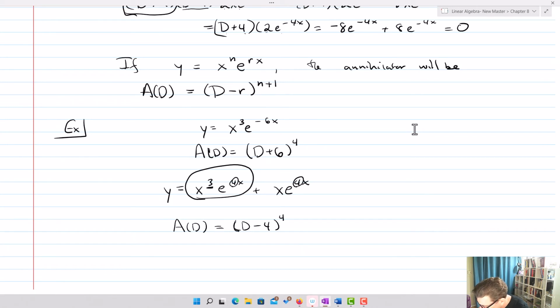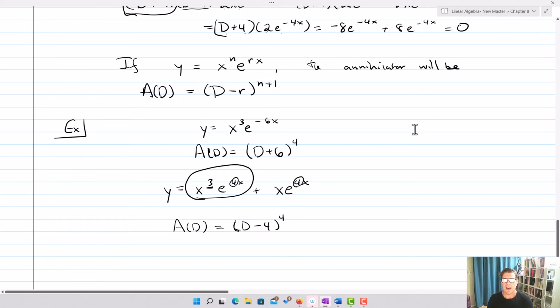4th power. And the reason why that's the case is because at some point, x e to the 4x, actually after the second operation by (d minus 4), is going to zero out, because we're taking its derivative.